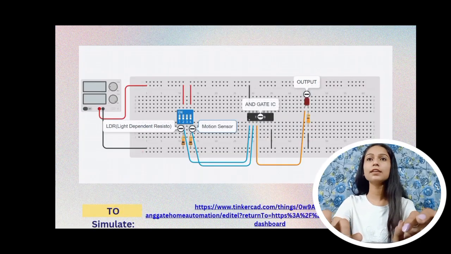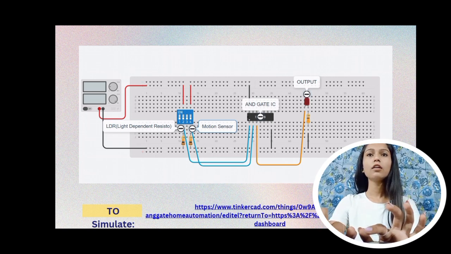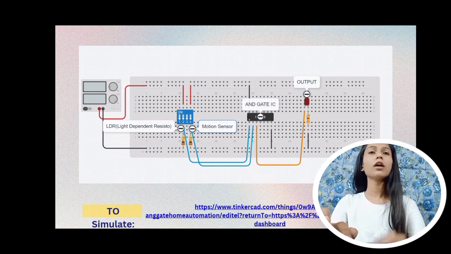Now we will see the simulation of the AND gate. So this is the simulation of the AND gate. Here one input is the output of the LDR sensor, and another is the output of the motion sensor.